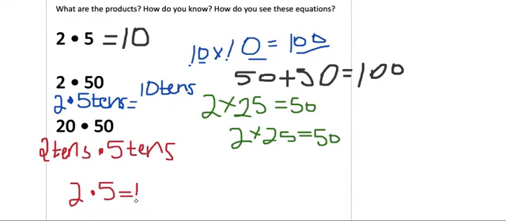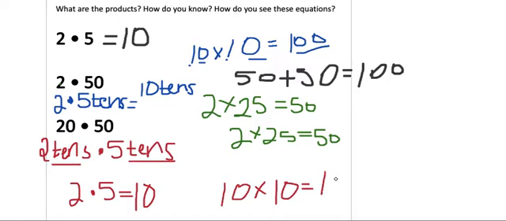That equals 10. And then we could do 10 times 10. 10 times 10, like we figured out over here, is 100. So essentially what we have is 10 times 100.